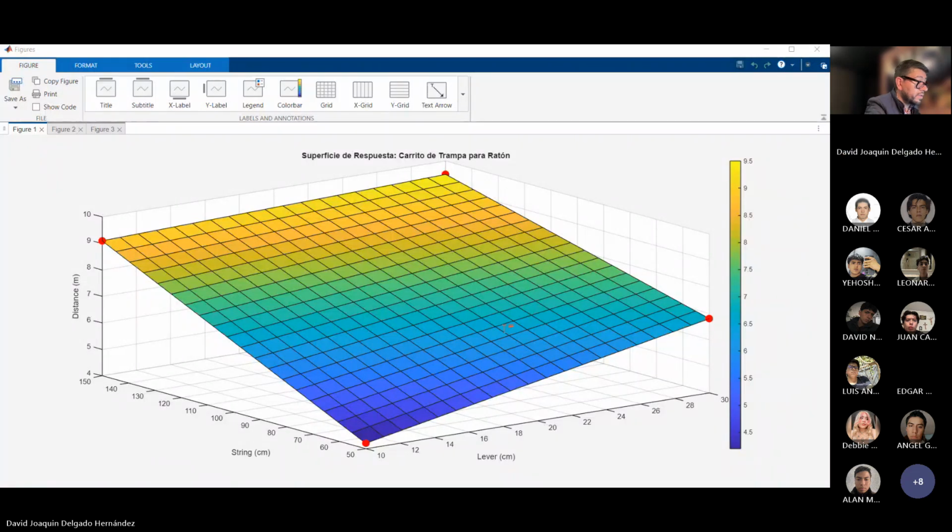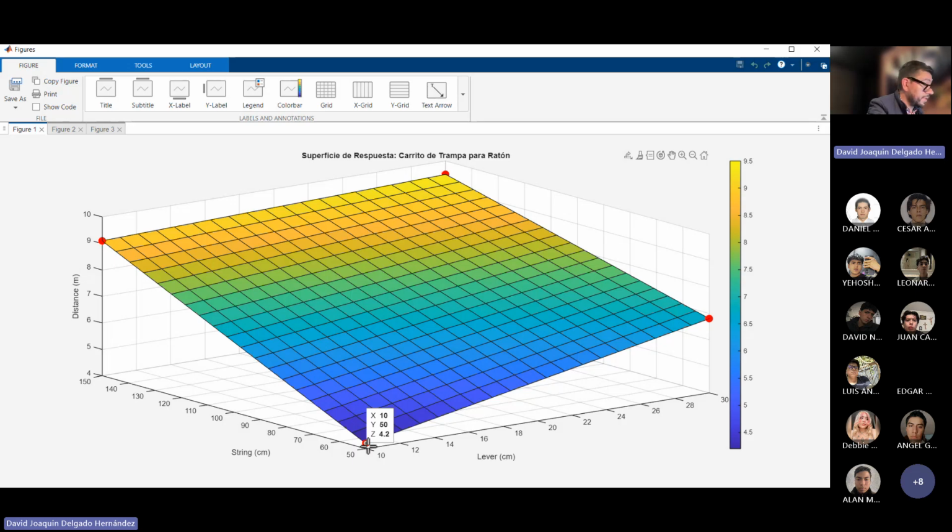And let me put here, and we will interpret that. So look, I have only just 4 experiments. The first experiment, I have got the lever, which is 10 centimeters, and the string, which is 50 centimeters, and the distance is 4.2.